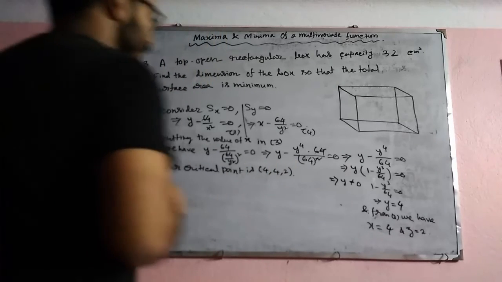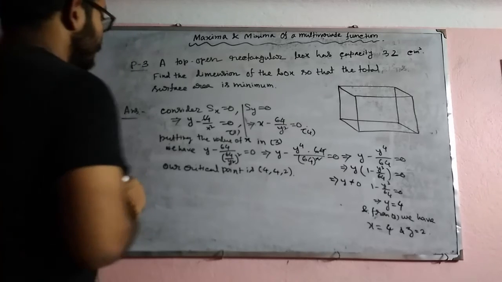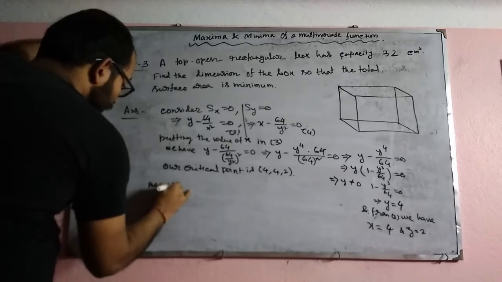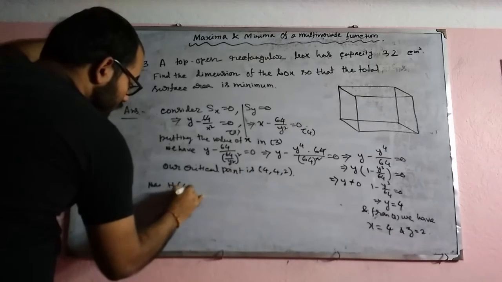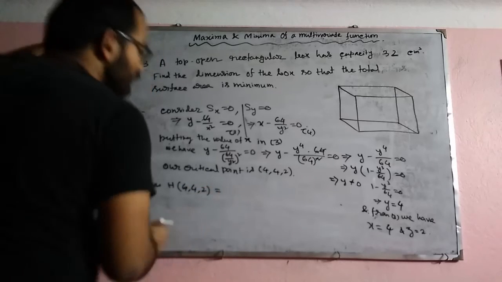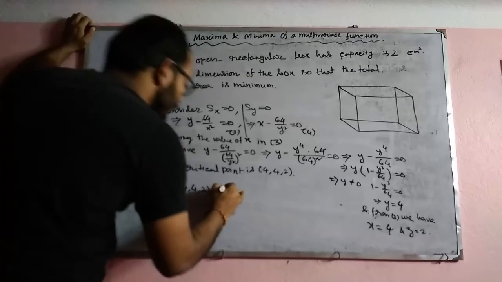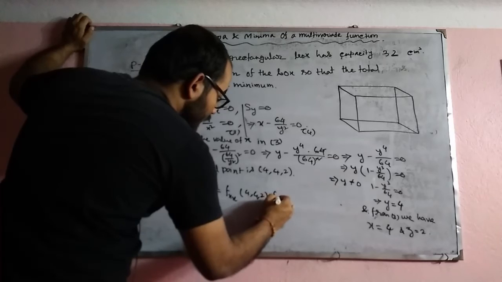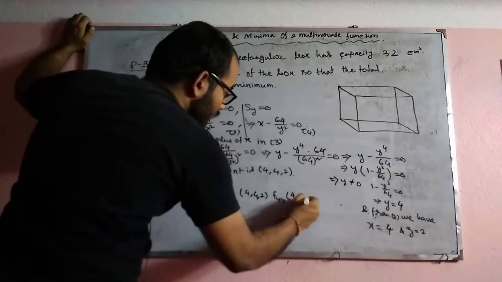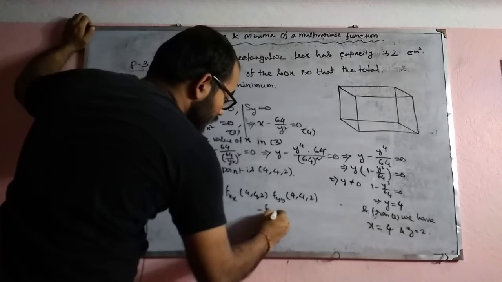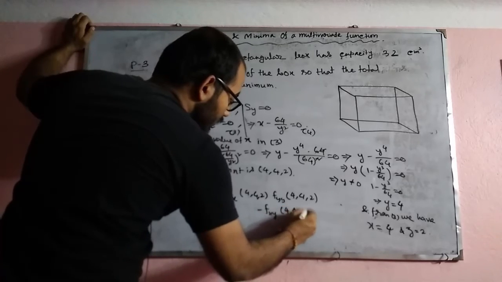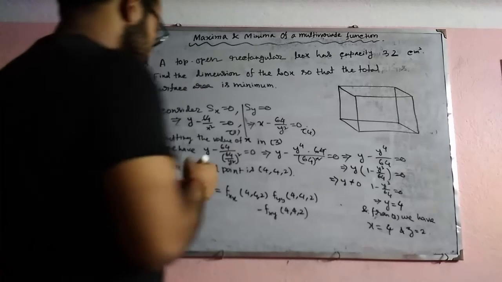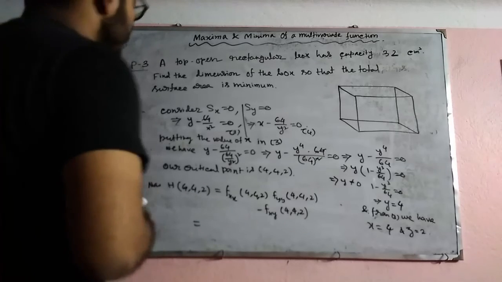Okay, and see, now h of 4, 4, 2 is equal to S_xx at 4, 4, 2 times S_yy at 4, 4, 2 minus, okay. Now what is S_xx?